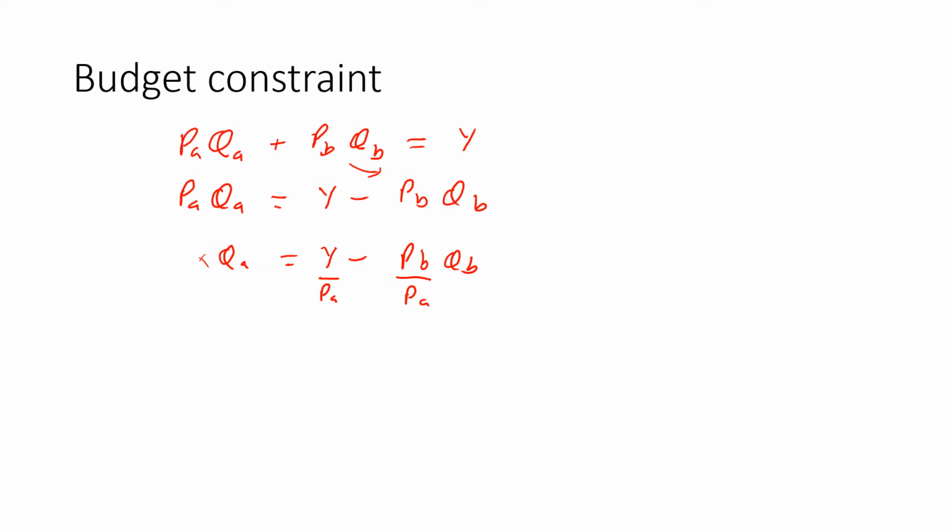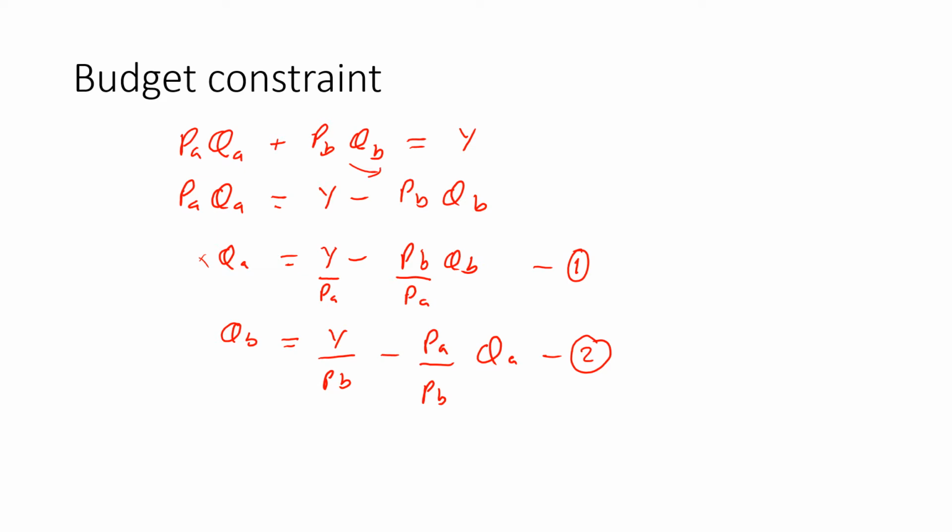Similarly, if we do it for QB, in terms of QB, we can write it as Y over PB minus PA over PB into QA. So in terms of QA, the first equation, let's call that equation 1. In terms of QB, let's call that equation 2.